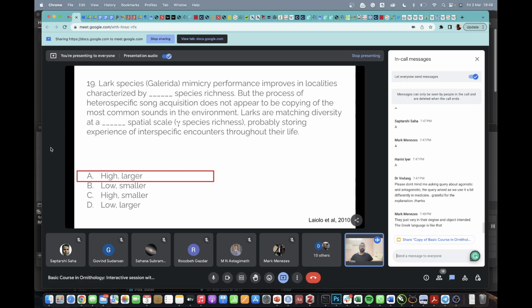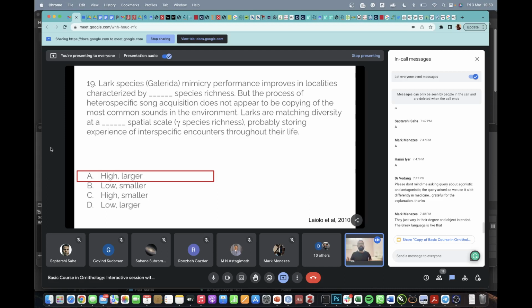But what they also found is that the heterospecific song acquisition, which would mean the mimicked song from other species, usually does not follow the ratio of proportion. For example, say we have 100 individuals in that particular transect, and 50 of them are crows, and 25 of them are pigeons, and the rest are other species.